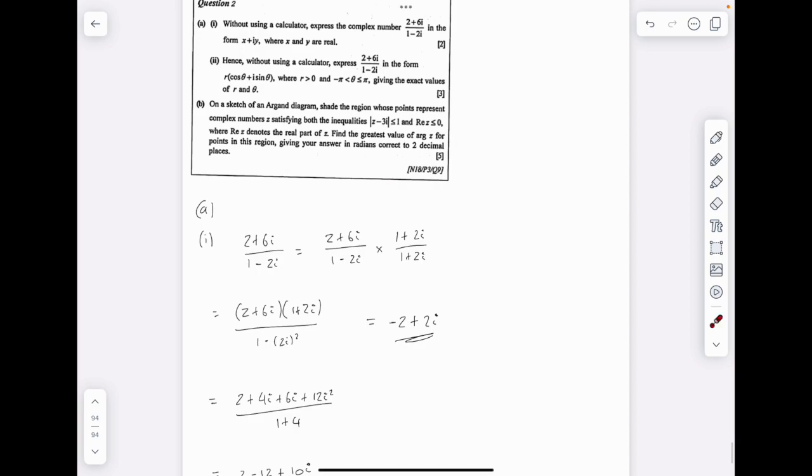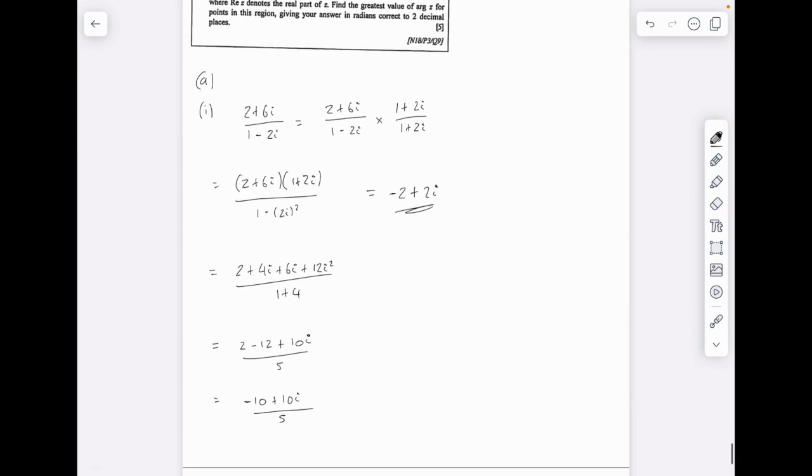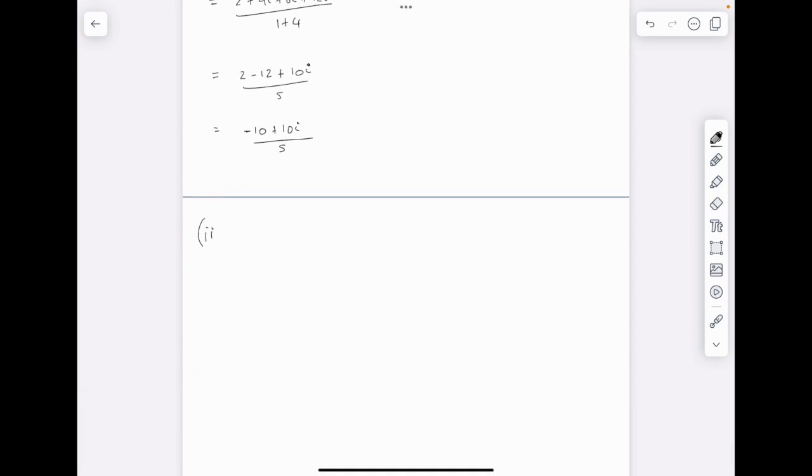Simple enough. Now for part ii, we're going to have to express it in polar form, giving the exact values of r and theta.